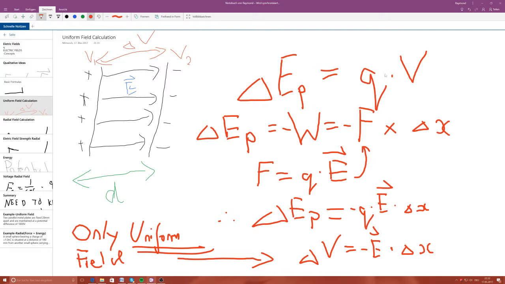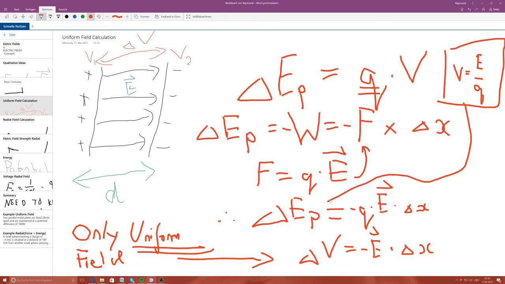Since we know that energy is Q times V, we know that V is energy divided by Q. And if we apply this to the energy here and divide by Q, and we do this on the other side too, we get the simplified and applicable equation: delta voltage is equal to minus E times distance.